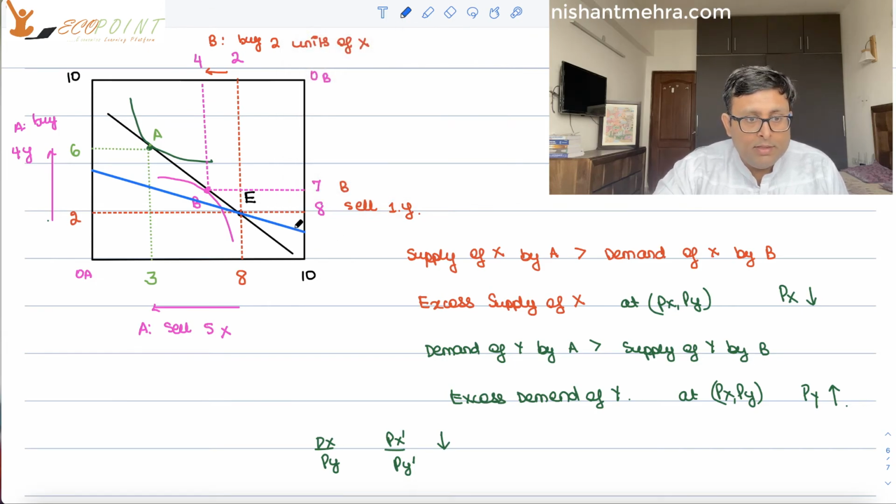So these prices are what? New price ratio, Px dash, Py dash. Again, this is going through the endowment point.